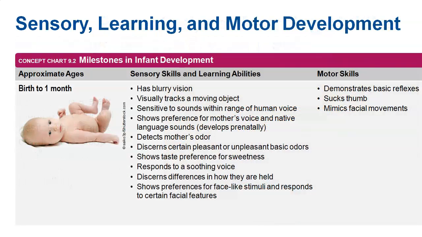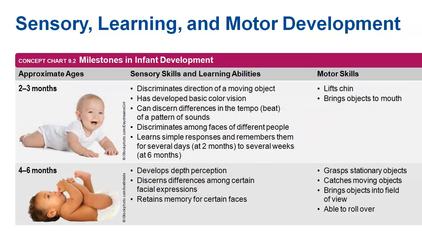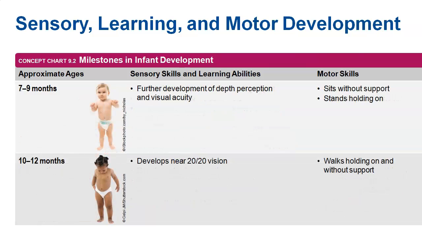And then, again for your knowledge, this just shows various skills and abilities, both sensory, learning, and motor, that happen at approximately different times of development in infants. It should be mentioned that if you ever have a child of your own, and let's say we look at the last one, being able to walk or hold up without support.